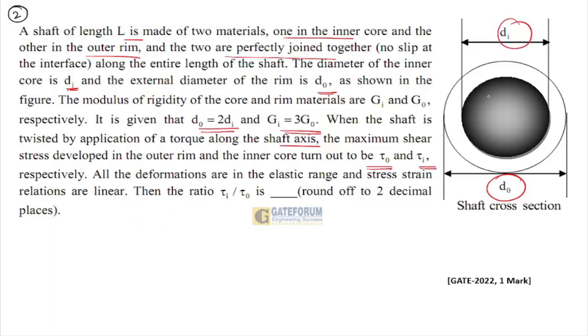So here the given question is this. A cross section is circular section, theta naught and theta i. When I write the formula, TL by GJ is equal to, this is the condition, L naught is equal to Li.